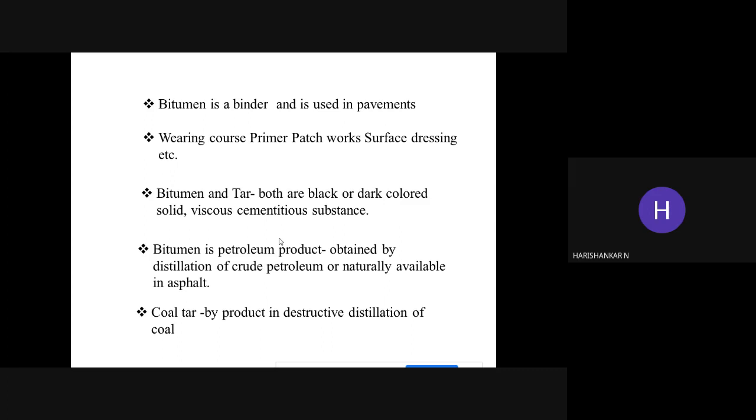Okay, so in the mix design problems, you can see the bituminous concrete is provided at the top, and there is a bituminous layer on top of that bituminous concrete. We know the different types of layers. The bottommost is the subgrade soil.